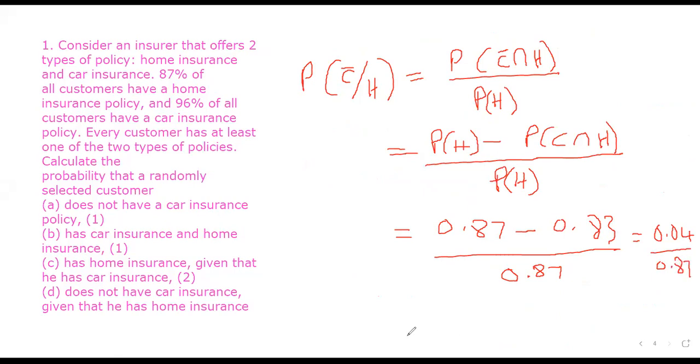Divided by 0.87, what are you getting? 0.04 divided by 0.87 is 0.0459. We get 0.0459. So that is how we're supposed to answer the first question.